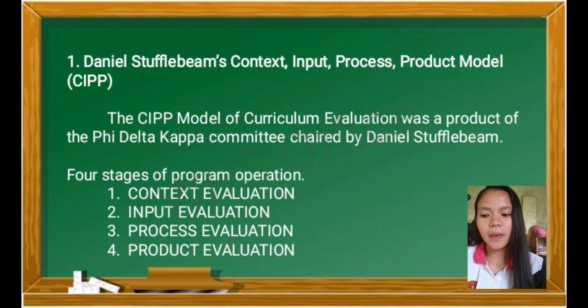The model emphasized that the result of evaluation should provide data for decision making. These are four stages of program operation: first, context evaluation; second, input evaluation; third, process evaluation; and the fourth one is the product evaluation.